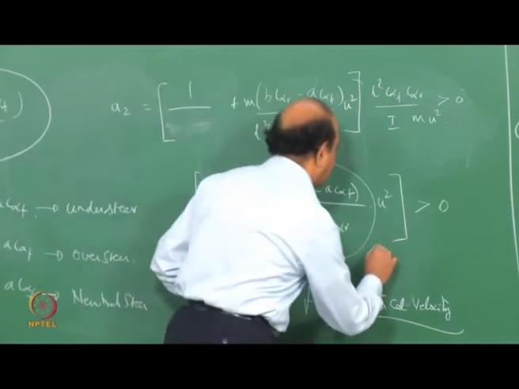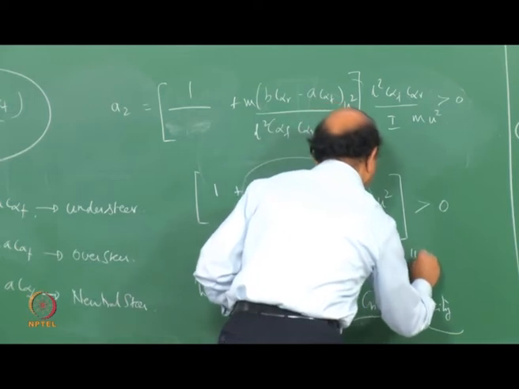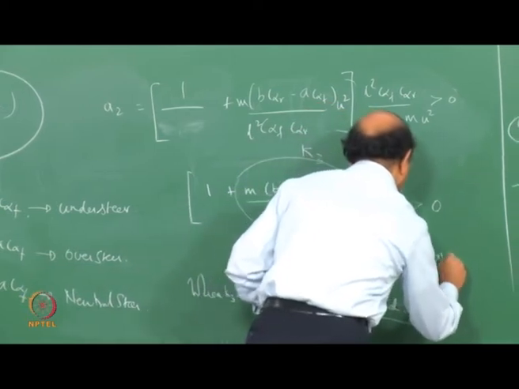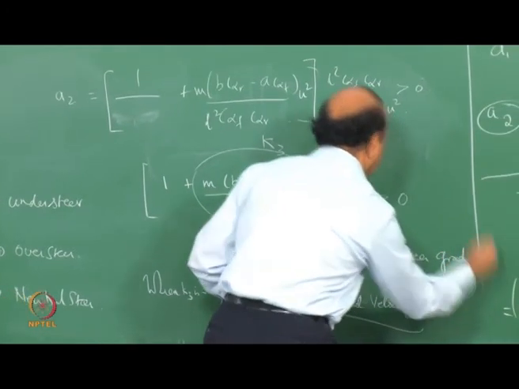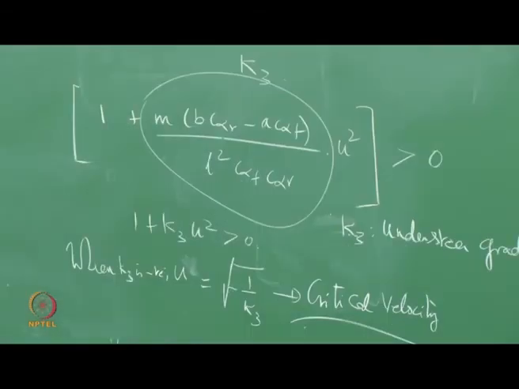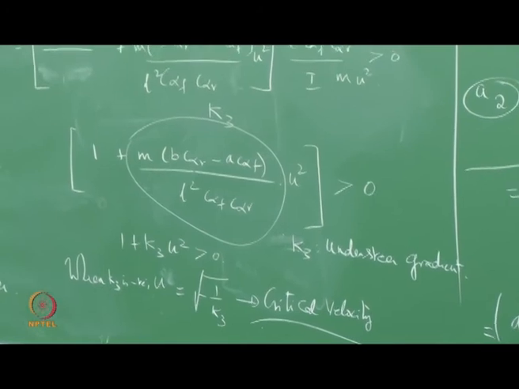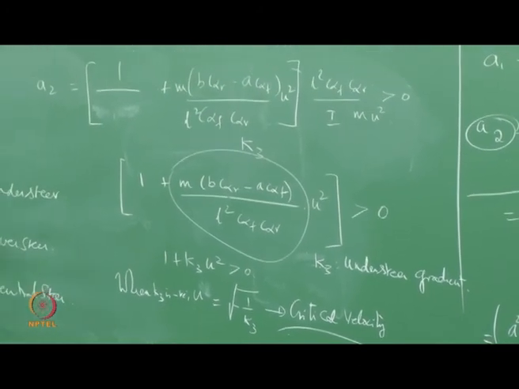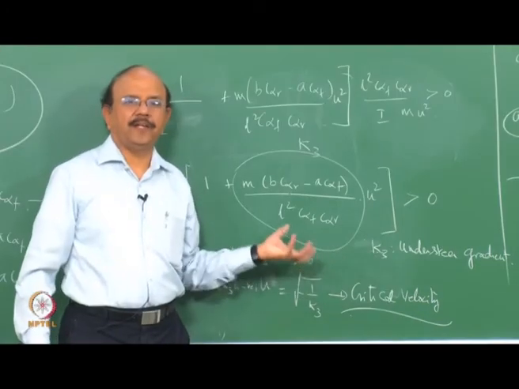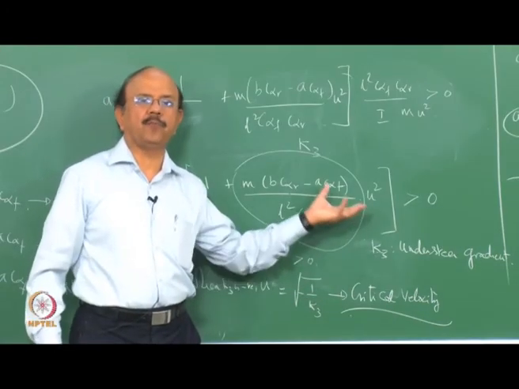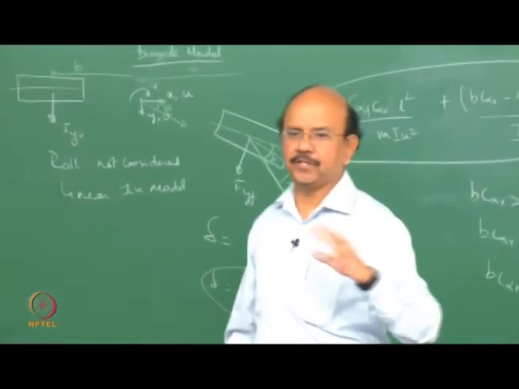So they would write this as 1 plus K3 u squared, K3 being an understeer gradient. Why am I being careful to write K3? Because this definition varies from one book to the other. The concepts do not change, but the definition changes.